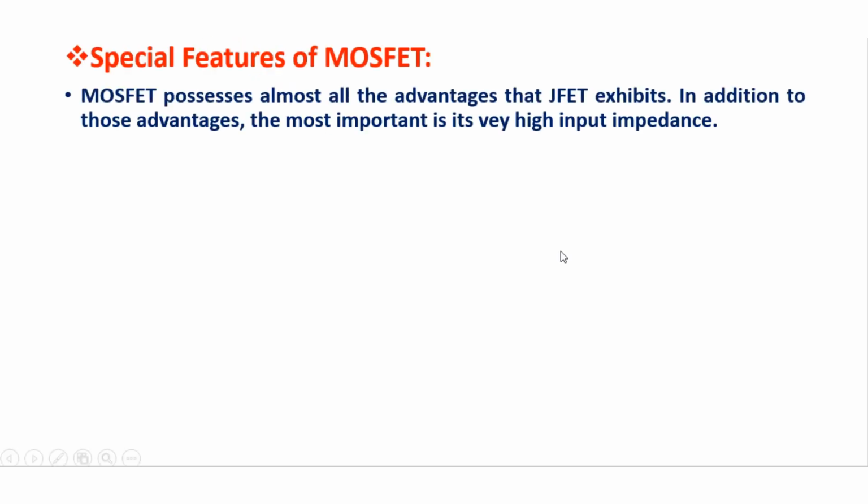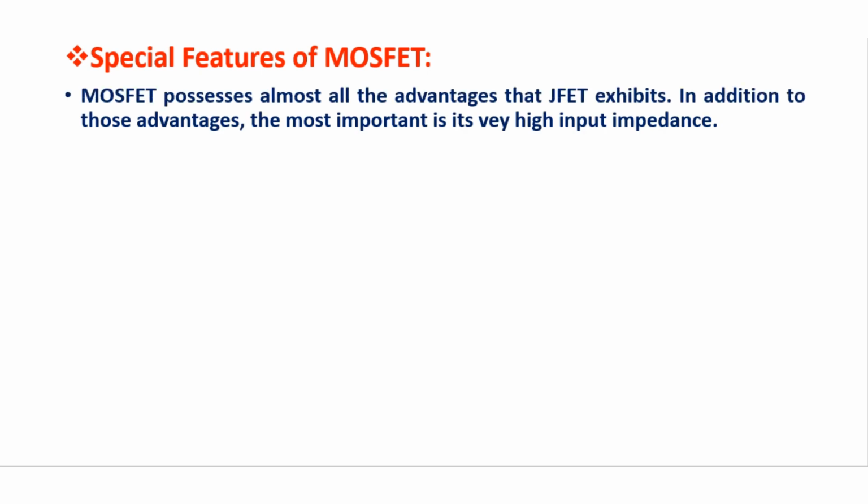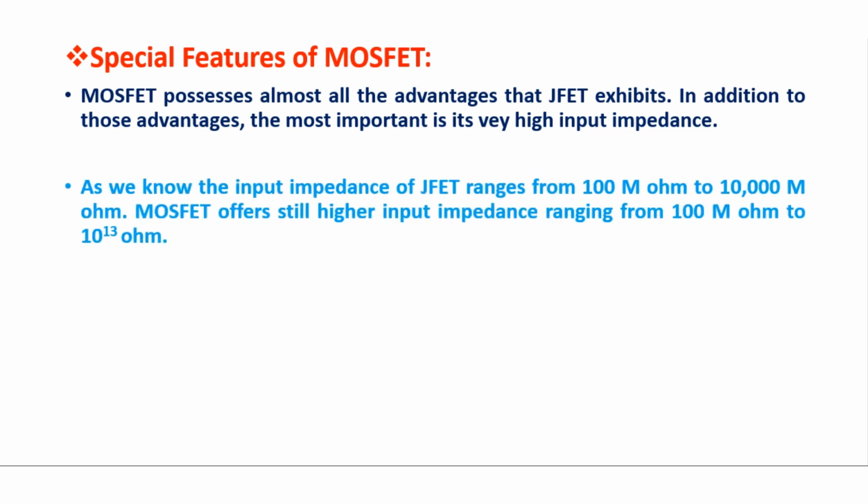Special features of MOSFET. MOSFET possesses almost all the advantages that JFET has. In addition to those, the most important is its very high input impedance. So this is the first feature of MOSFET. Second, as we know, the input impedance of a junction field effect transistor ranges from 100 mega ohm to 10,000 mega ohm.